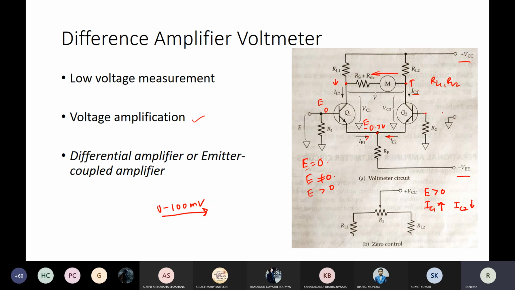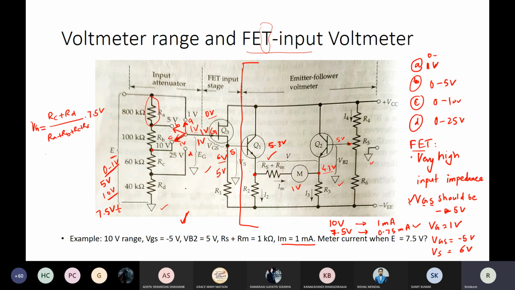For zero adjustment, if you want to maintain zero current through this meter and zero deflection when the input is at zero potential, an alternative arrangement is also provided. Earlier, we did the voltage adjustment by connecting a potentiometer at the base junction of Q2.